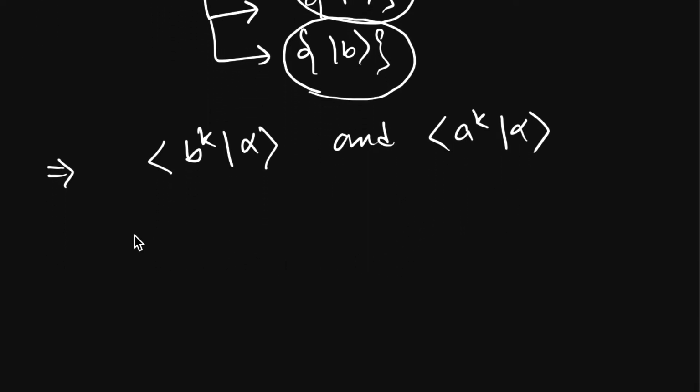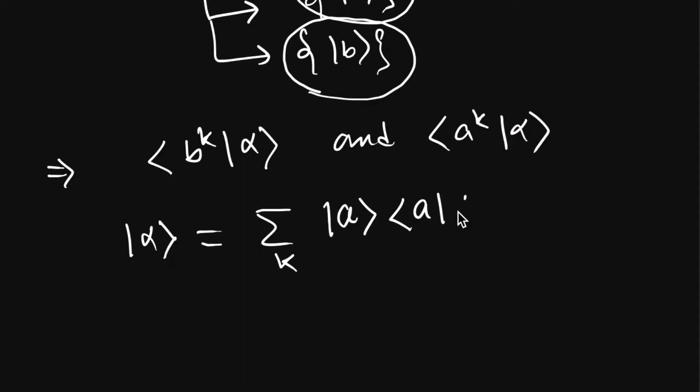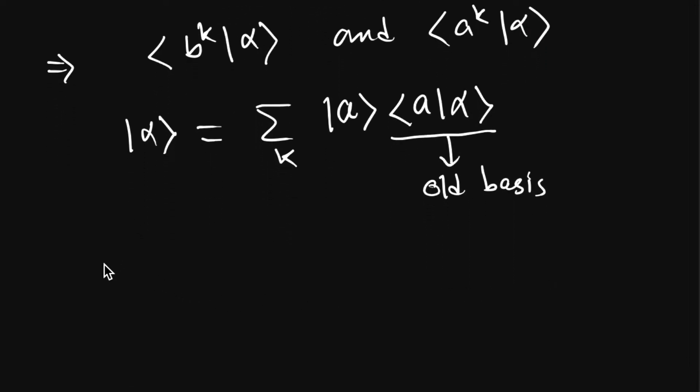To do so, let us first expand alpha in A basis: summation of k ak alpha. This is the coefficient in the old basis. Now what is the coefficient in the new basis?